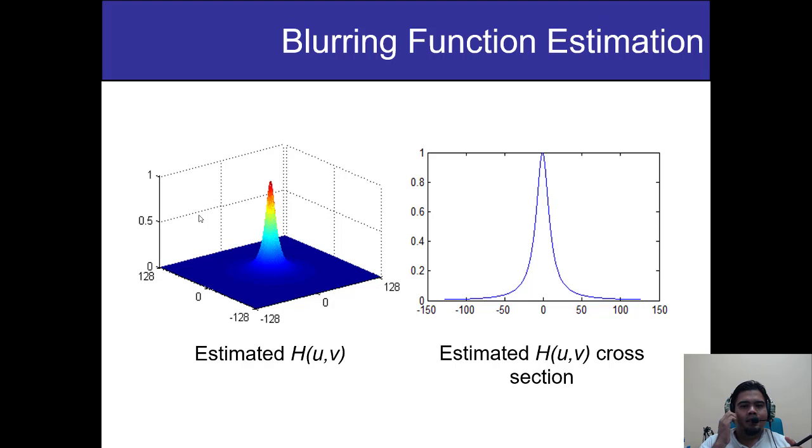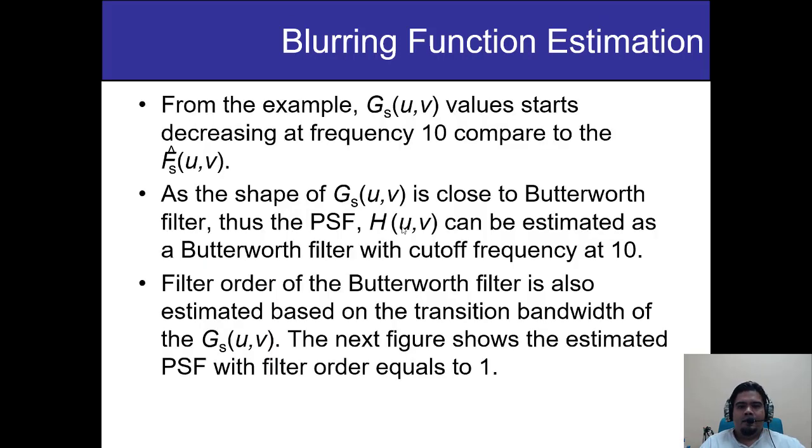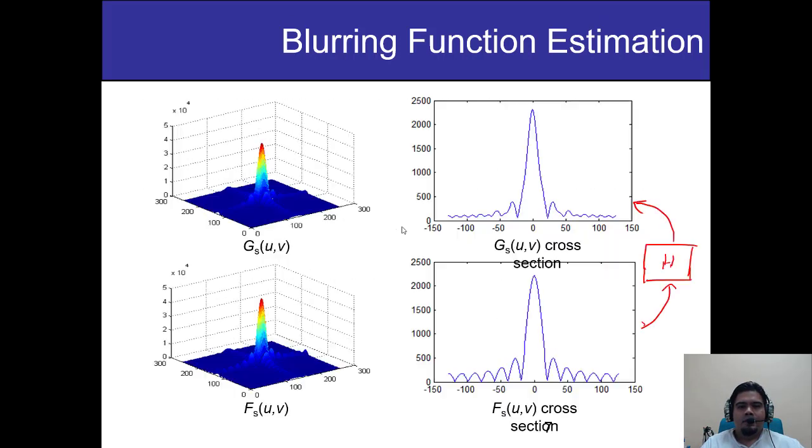So what you can do is, for example, estimate one like this, cut off frequency 10, which is a Butterworth filter. Then after you model this one, you can try to simulate back. Meaning that you take your original FS, which is this one, and multiply it with the estimated H that you have provided here.